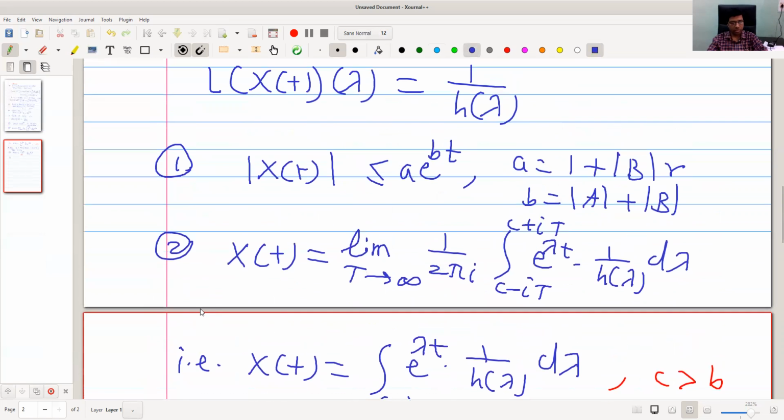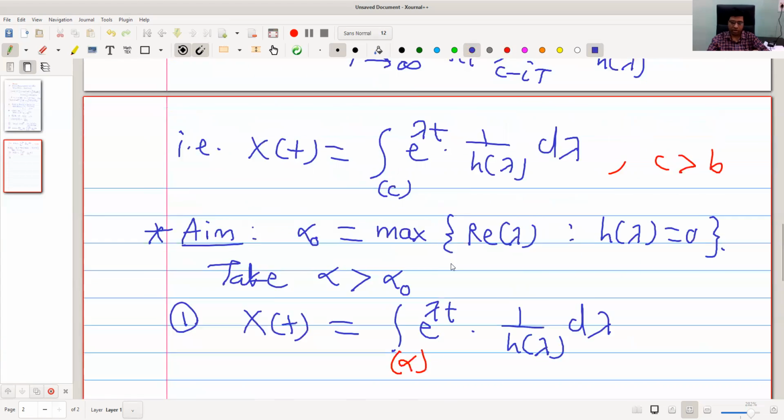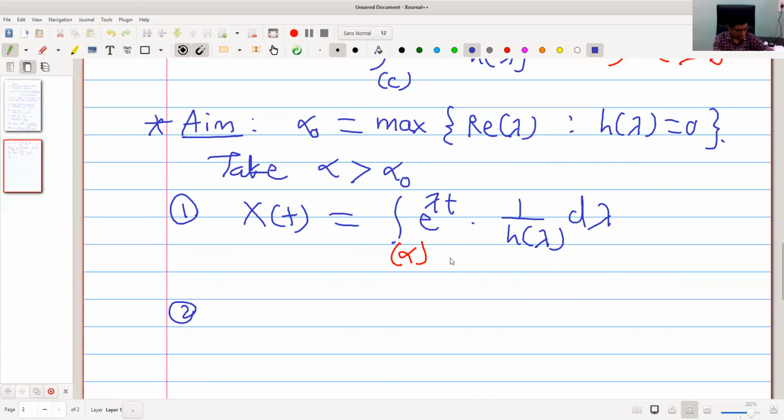The second thing is about this bound. We provide again a bound in terms of these things. So we are going to prove another result which says that this x of t, the fundamental solution, is bounded by k e raised to alpha t for some constant k.